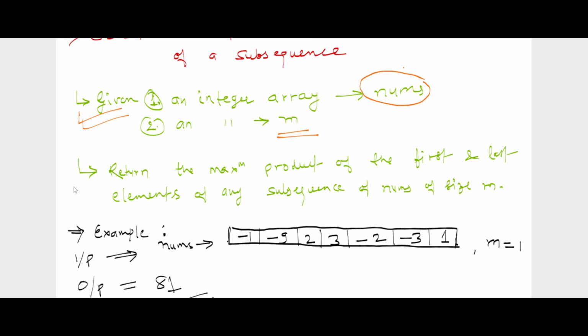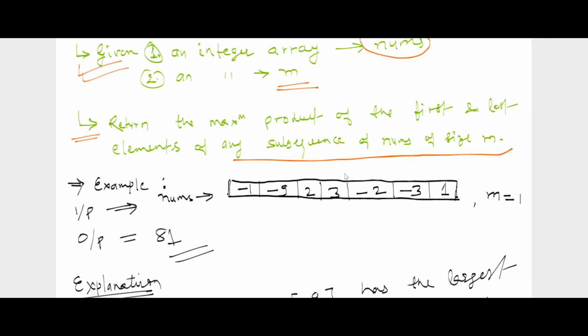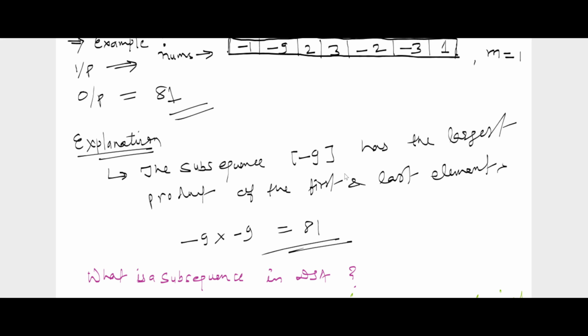What we have to do is return the maximum product of the first and the last element of any subsequence of nums of size m. If you understand this problem statement, here is what we are trying to say.